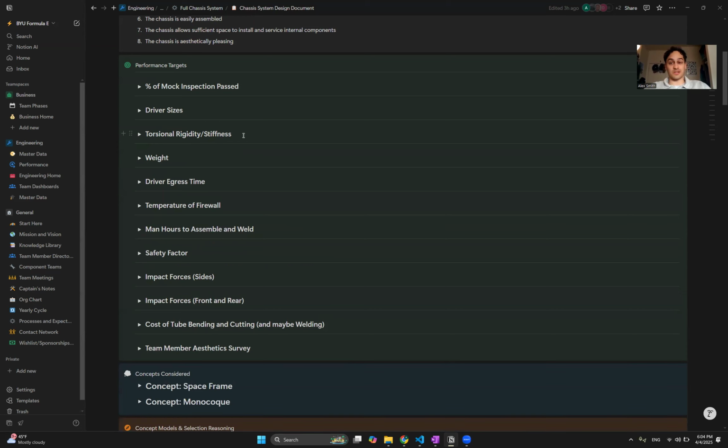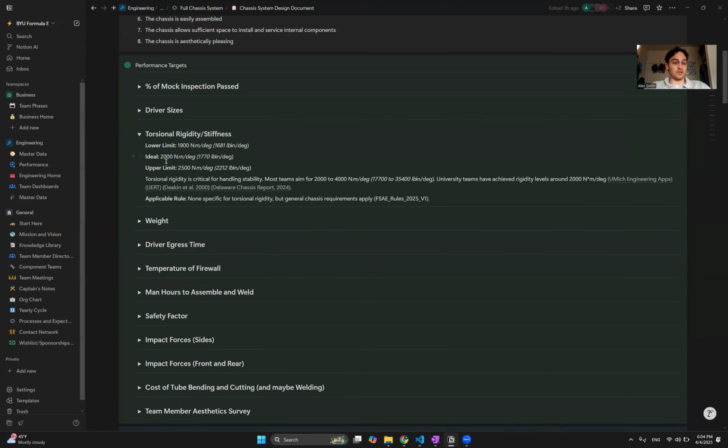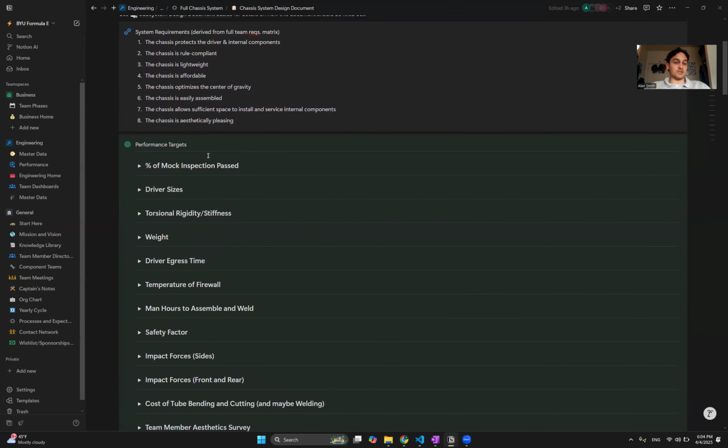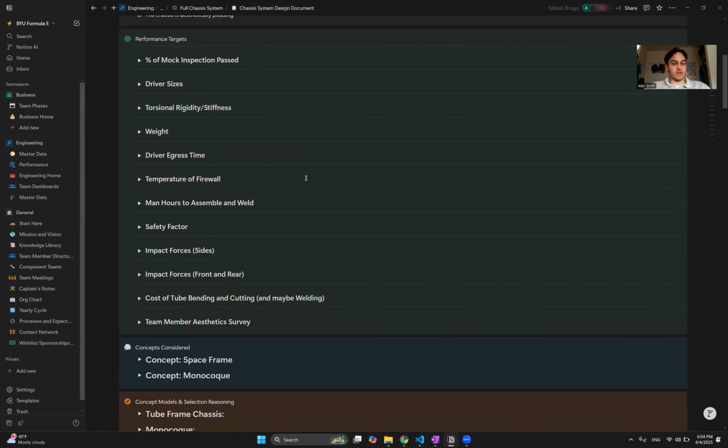They say, why did you make it this way? Well, for example, the frame has this torsional stiffness of 1700 Newton meters per degree, and that is some amount of torsional stiffness that relates to what we have here. We can discuss whether or not we met it, how that ties into our original design requirements, how it meets the purpose at its core. So that's why these are really important.